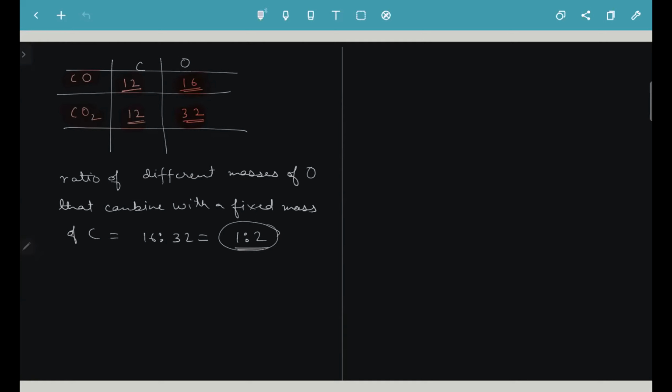Law of constant proportions is easier. So let us now write the law of constant proportions. This is pretty straightforward.